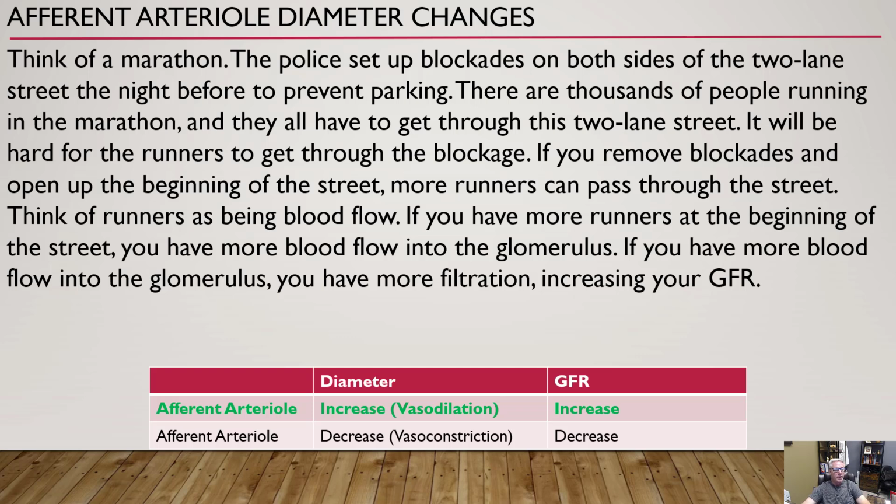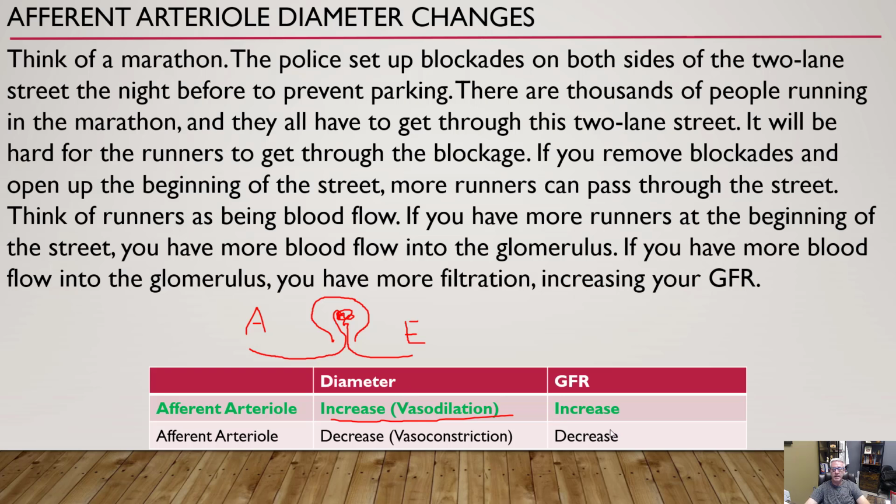So remember that we have an afferent arteriole and we have an efferent arteriole. So here is our glomerulus, and we have an afferent arteriole, we have a capillary bed, and we have an efferent arteriole. So here, if we vasodilate our afferent arteriole, if we increase that diameter, we're allowing more blood flow into the glomerulus.